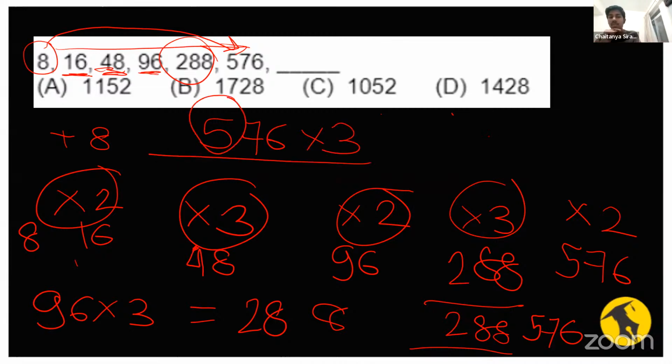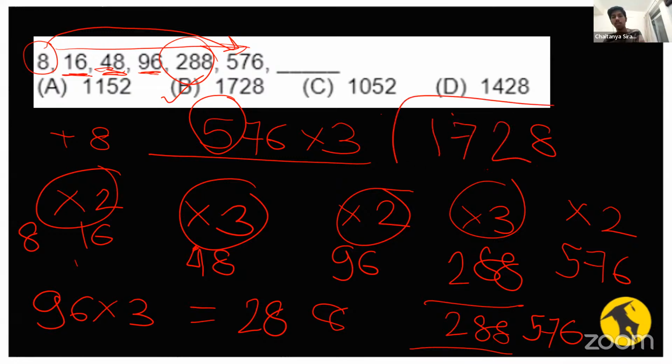It's 500, so it should be more than 1500. I hope you all agree that 500 times 3 will be 1500 plus something. So the only option above 1500 is option B. You can cross verify it by multiplying by 3. So here it will be 18, 1 carry, 21, 2 carry, and 50.